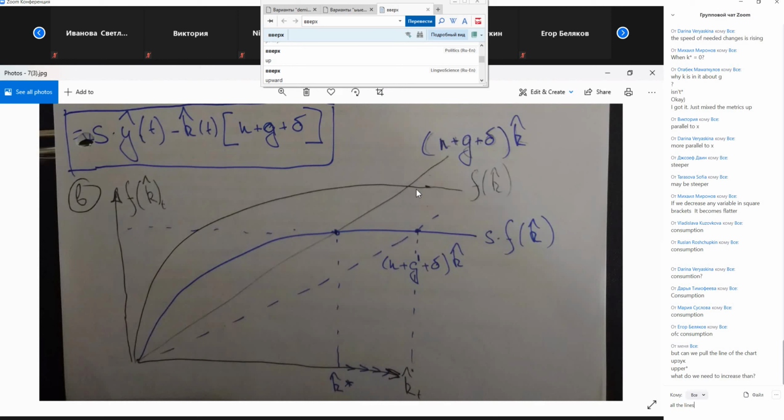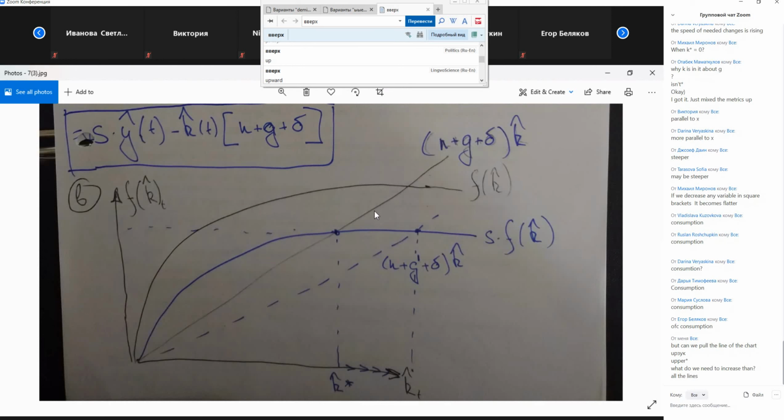So no, if we want to make the line steeper, all the lines. All right. It's just a production technology here. So this is how technology looks like.